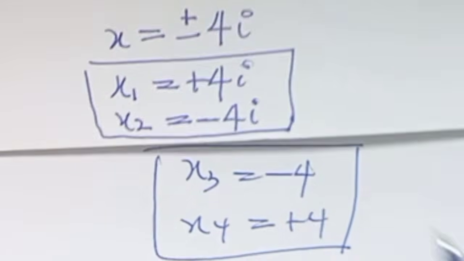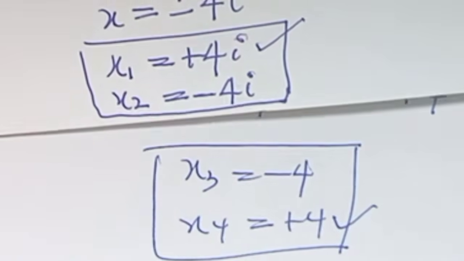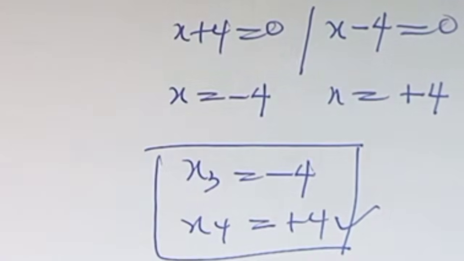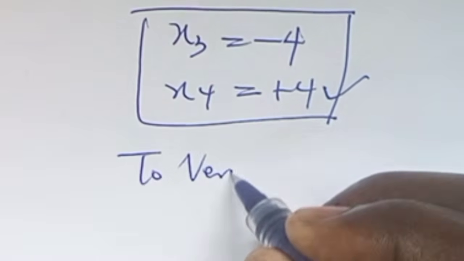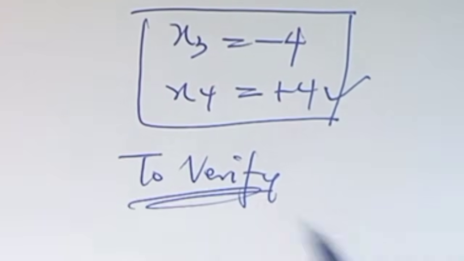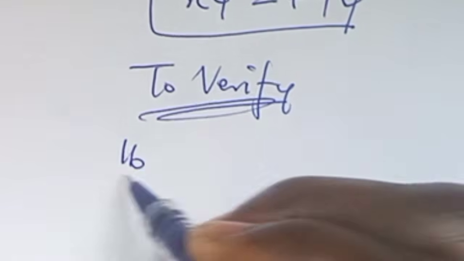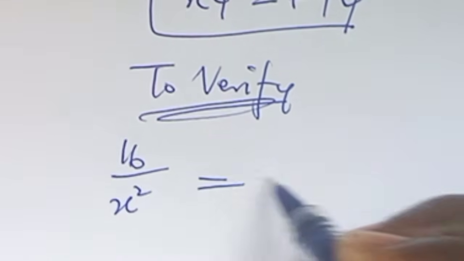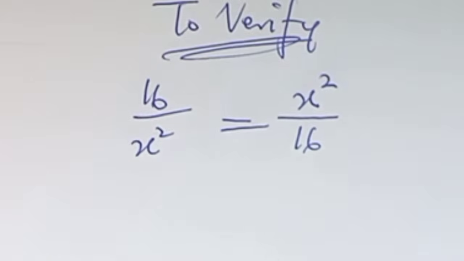We're going to verify, let's see this and this, to check if the values for x can satisfy the original equation. So to verify, from our original equation, we have 16 over x to the power of 2 is equal to x to the power of 2 over 16.